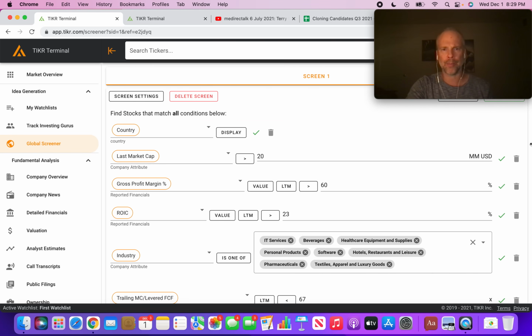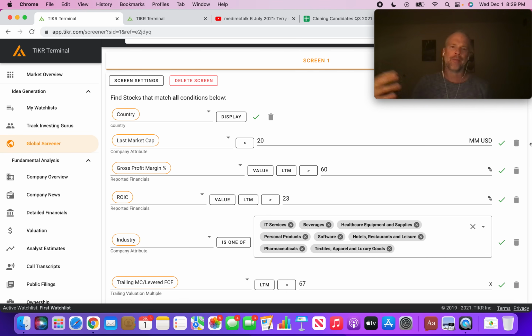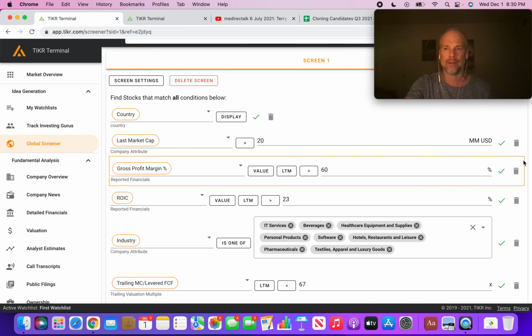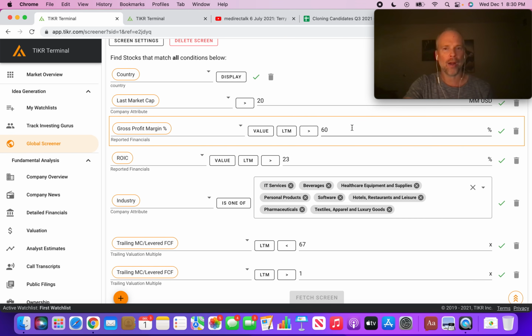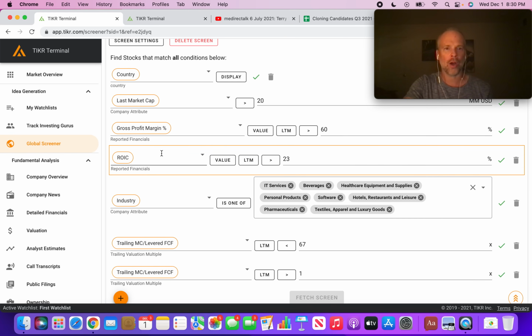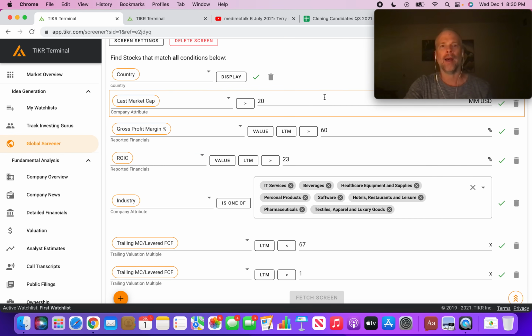Gross profit margin percentage. Like I said, for the Fundsmith portfolio in 2020, the weighted average was 65%. So we're going to come back a little bit from that and just say over 60% is what we want to see the results for. So that's our profit margin metric. Return on invested capital, return on capital employed, the weighted average for Fundsmith is 25 last year in 2020.